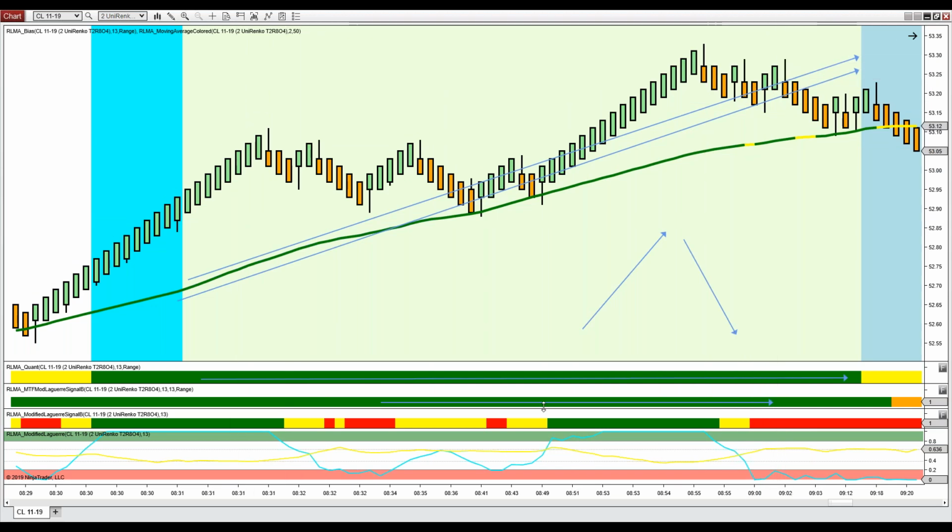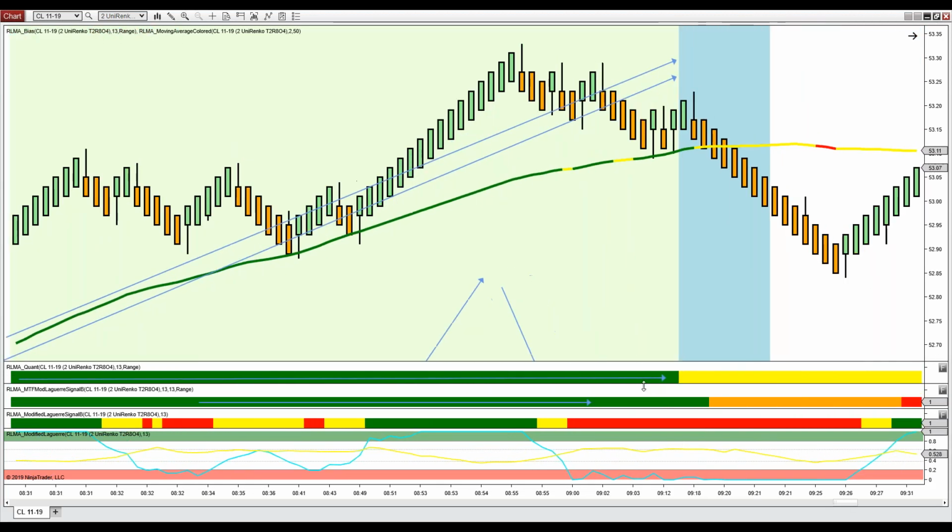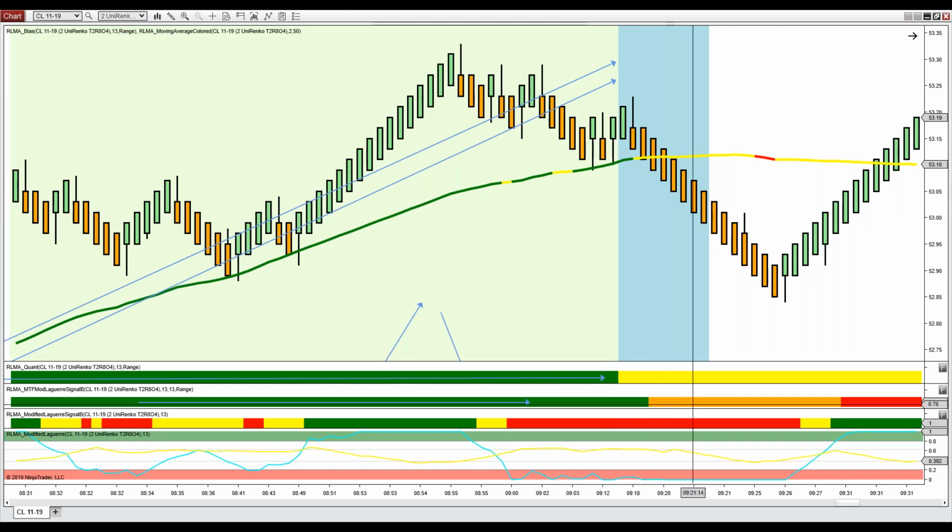Well, when the Laguerre oscillator is heading up, in this case, it's locked long, it means there's tremendous buying pressure in the market on multiple time frames. And it really is another proxy for institutional money. And you see right here, the Laguerre turns orange.